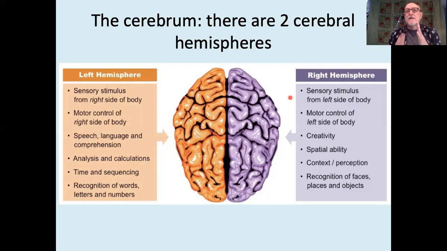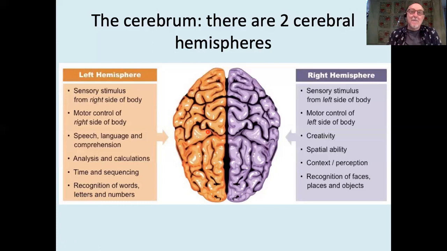The first thing to say is that there is a crossover. What I mean by that is the left hemisphere actually governs what happens on the right-hand side of the body. The right hemisphere governs what happens to the left side of the body.